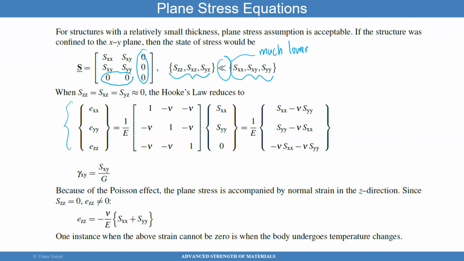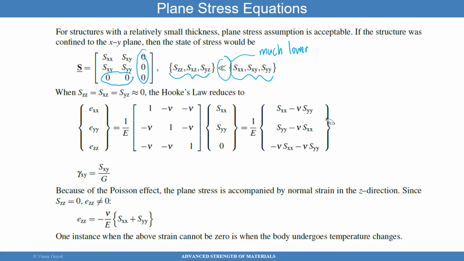I just took the first three equations, extracted them out. Since sigma z is close to 0, I can multiply the first row times the column, second row times the column, and third row times the column. And you see that z does not show up anywhere. No problem. Okay, so that's what you see there.